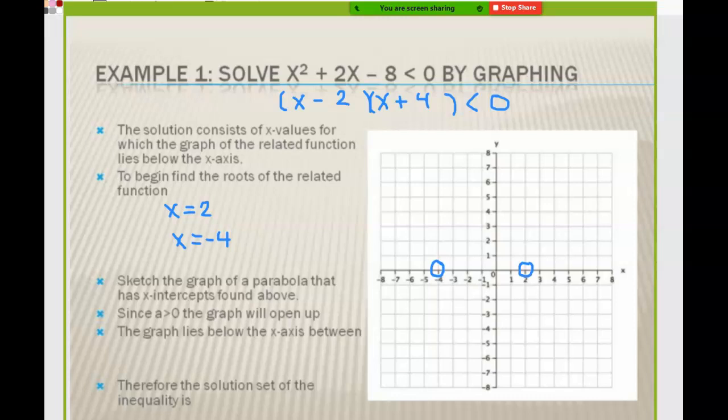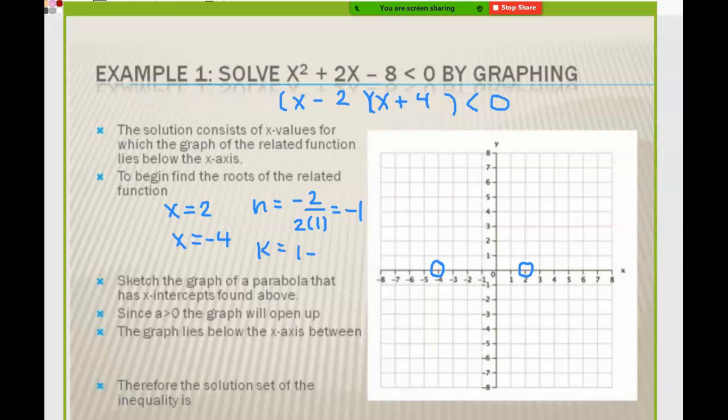Now, this graph, its vertex is going to be directly in between those two roots. So your h value is negative b divided by 2a. So my vertex or my axis of symmetry is at negative 1. And then you could plug negative 1 back in.